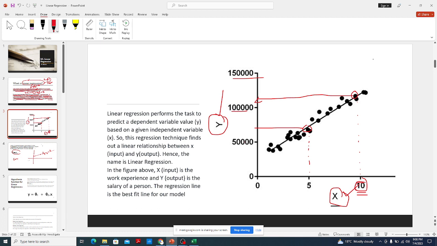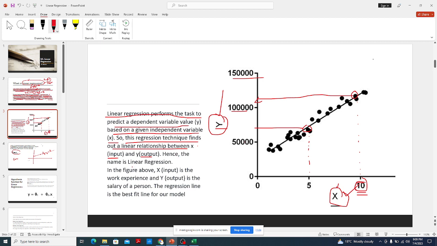So linear regression performs the task to predict a dependent variable, let's assume that is Y, based on a given independent variable, let's assume it is X. This regression technique finds out a linear relationship between X, which is the input, and Y, which is the output.